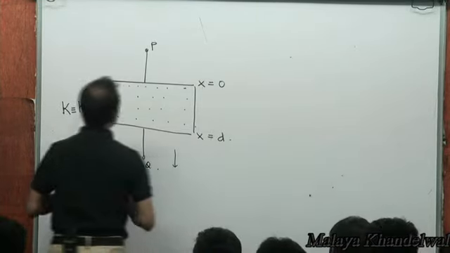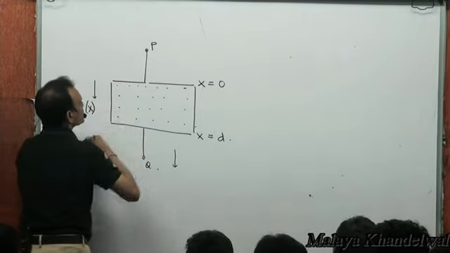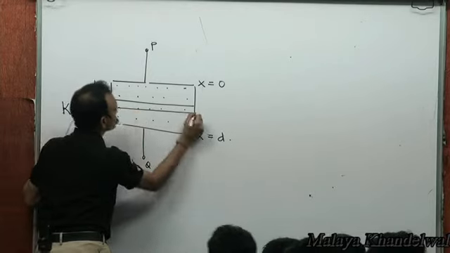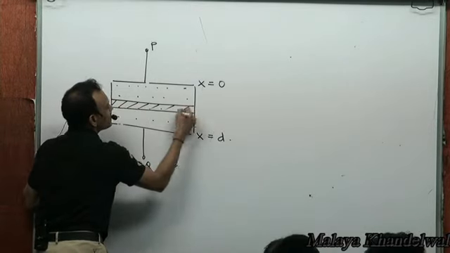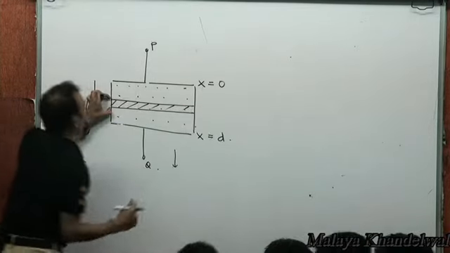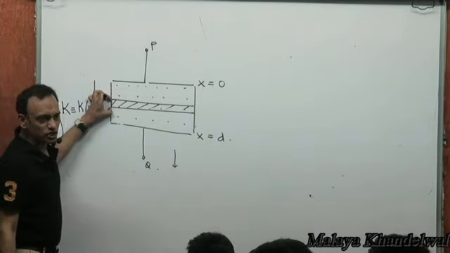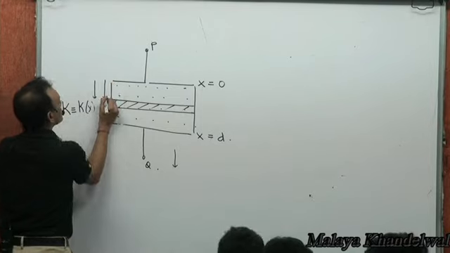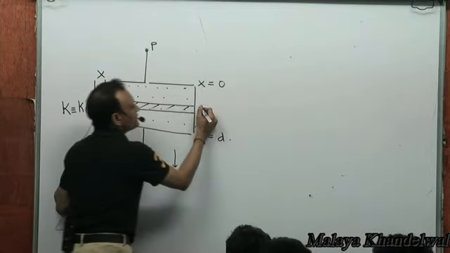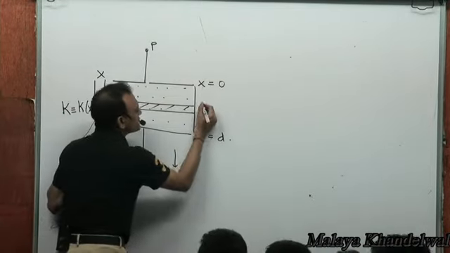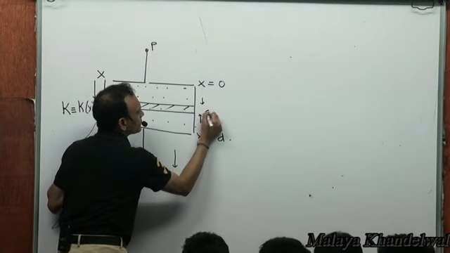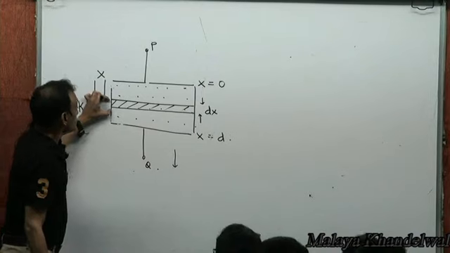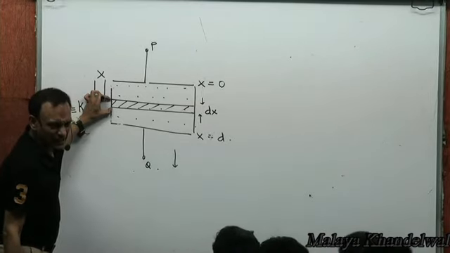Then what you could do is break this into smaller portions. This is a small capacitor by itself. I choose this at some x, and over this very small separation dx, the K here remains practically the same.